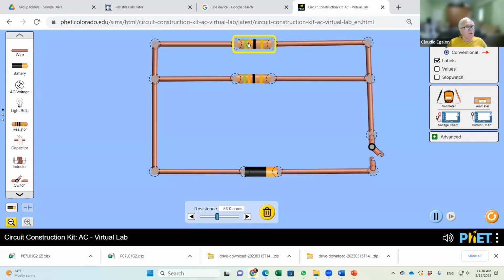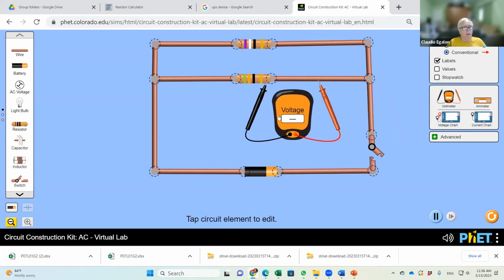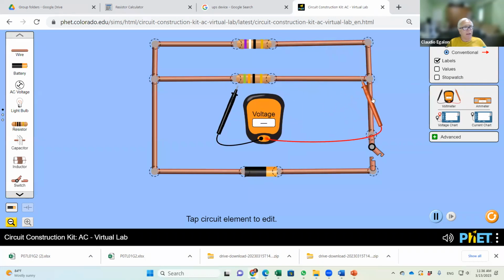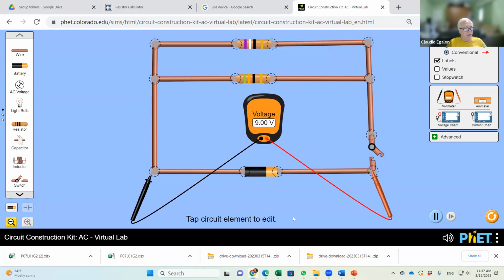I'm gonna change the resistance value here so I don't have exactly the same resistance. Right now, the circuit is open. Consequently, the voltage drop here is going to be 0. Okay, here is 0 because the switch is open. But what if we put here between the ends of the battery, right? Now it's 9 volts. That's because this circuit here is open.